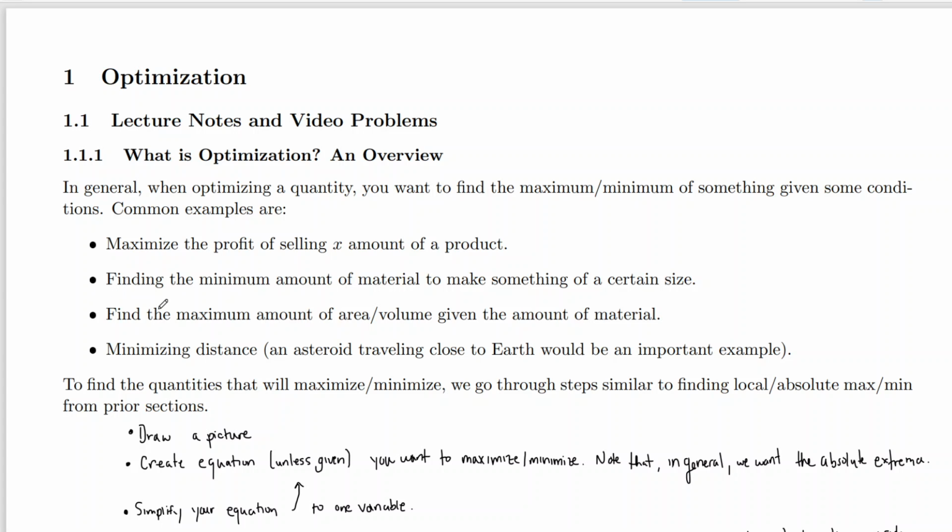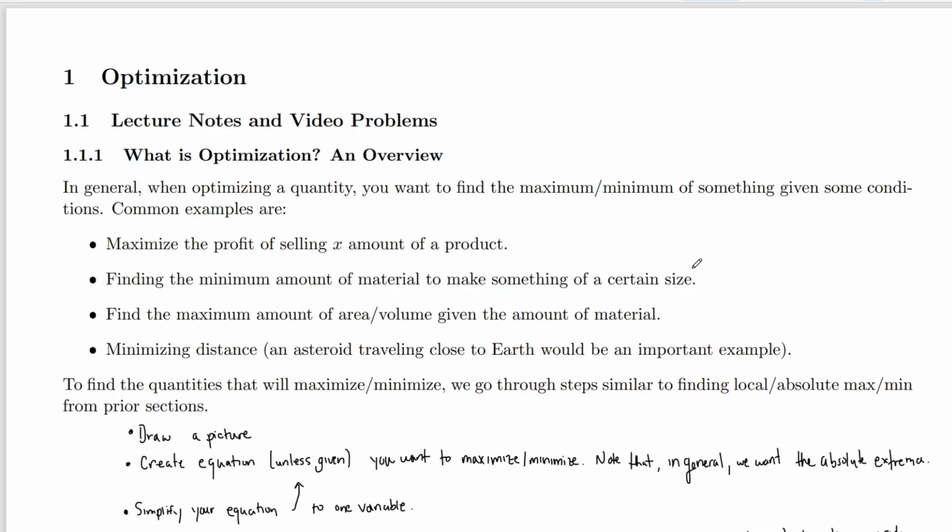Some other things that are a little more relevant to this class are finding the minimum amount of material to make something of a certain size. You could imagine this is very useful. Maybe you want to fence in a certain area.